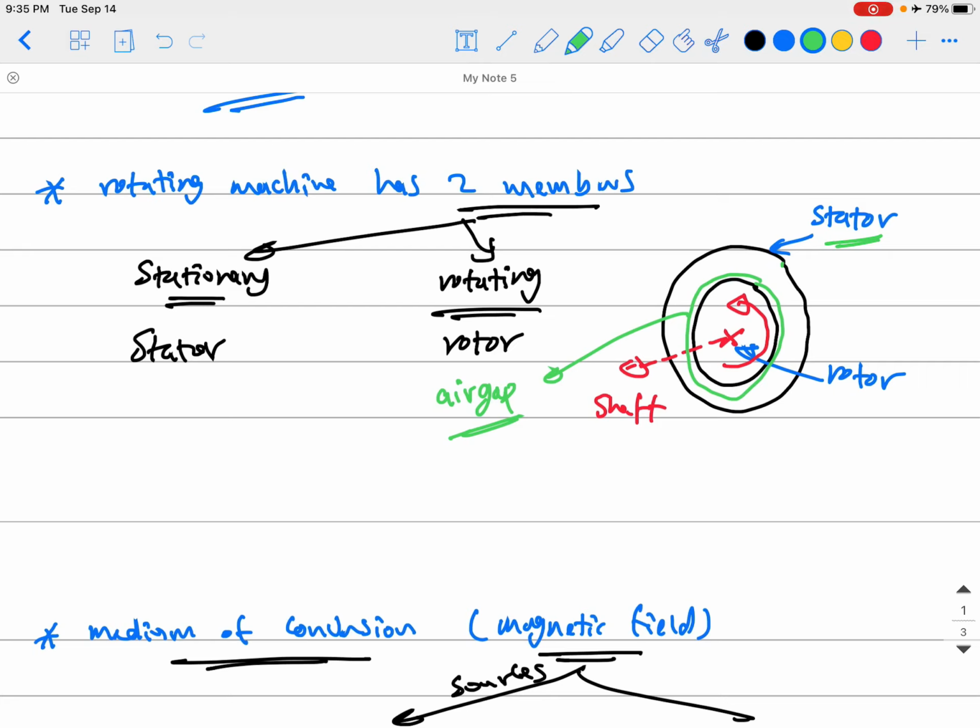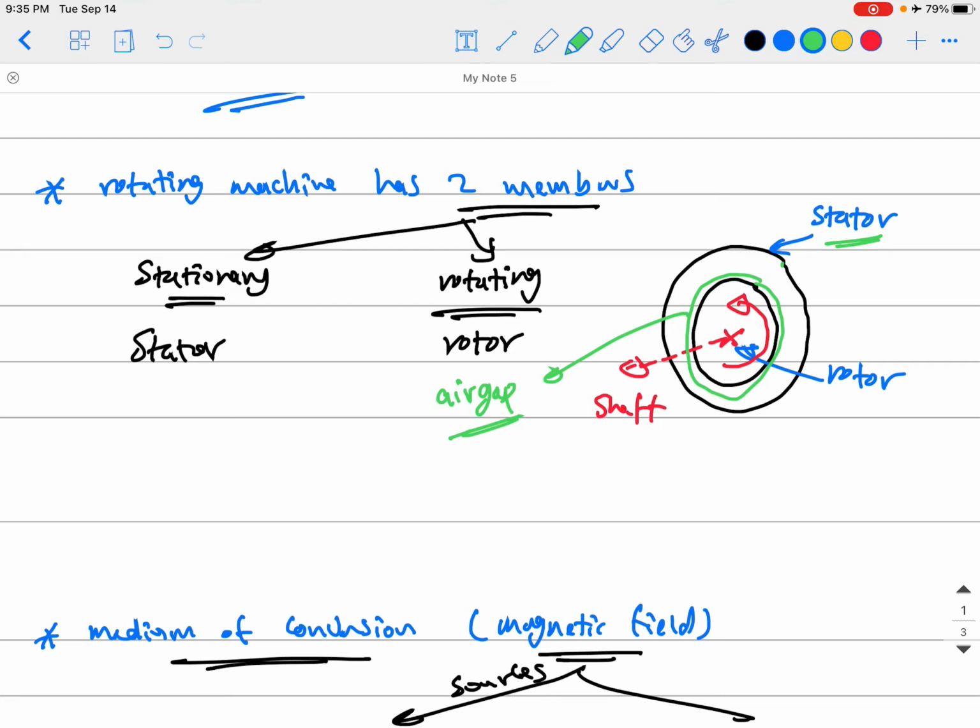If it is a generator, the shaft is where you attach a turbine, something like a big fan with blades, and then you use an external source to rotate this turbine and then the shaft. This rotates your rotor inside the machine, and in the presence of a magnetic field it will have the backward energy conversion, and now you have a generator producing electricity.